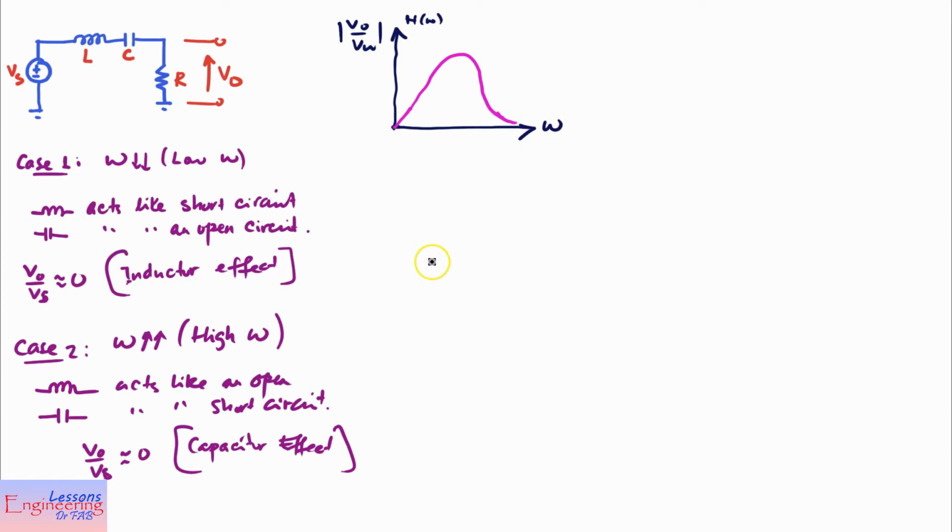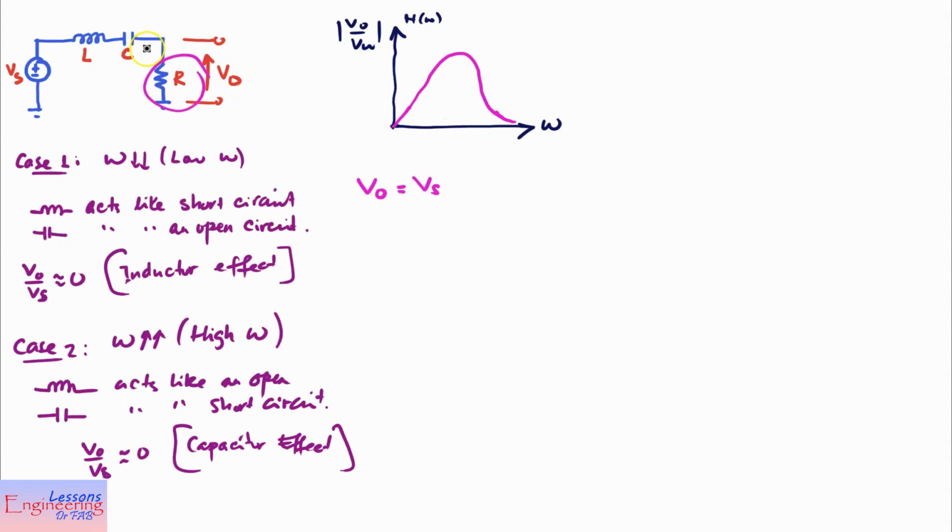If we look at the equation for our gain, we know that our output voltage is given by the voltage at the source multiplied by the impedance ratio, which is R over the total impedance.